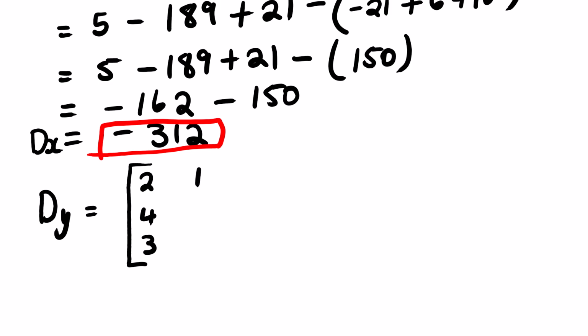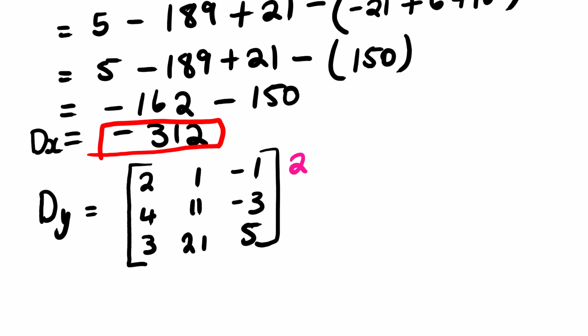So it's 1, 11, 21, and then we simply replace the rest. Then as usual we are going to extend 2, 1, 4, 11, 3 and 21.